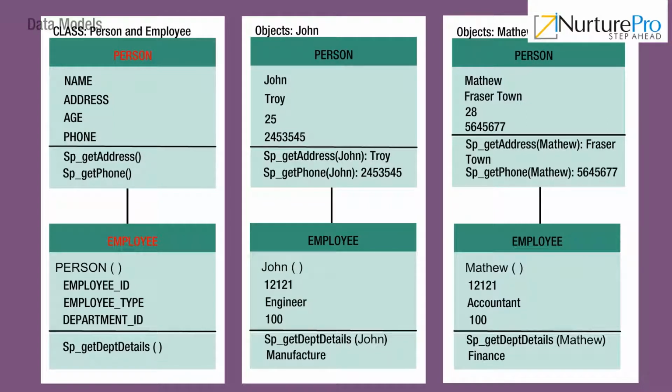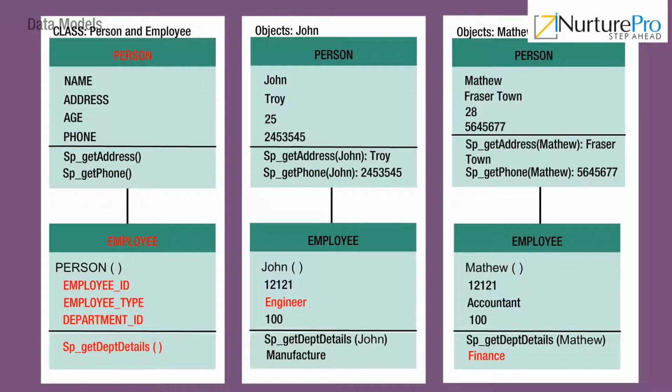In addition, it will have the attributes employee ID, employee type, and department ID. To retrieve their department details, use the method sp_get_department_details. Different objects of employee class are engineer, accountant, manager, and clerk.